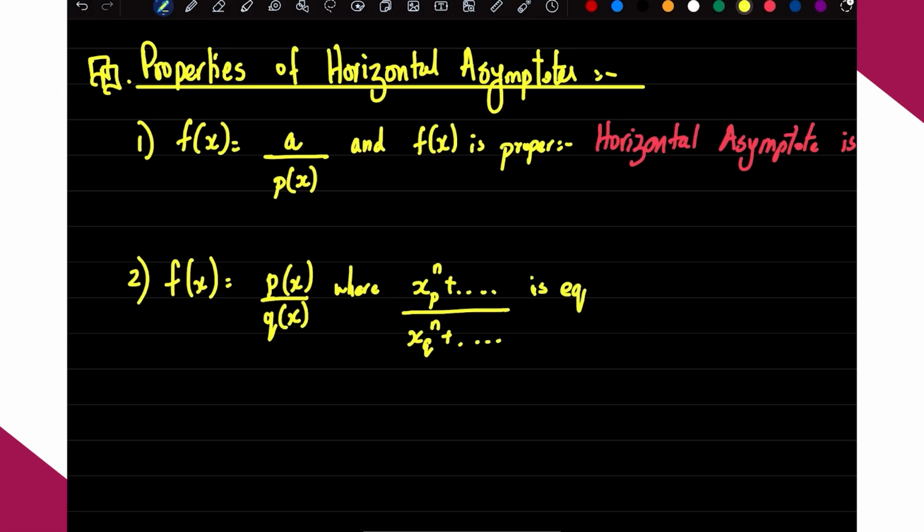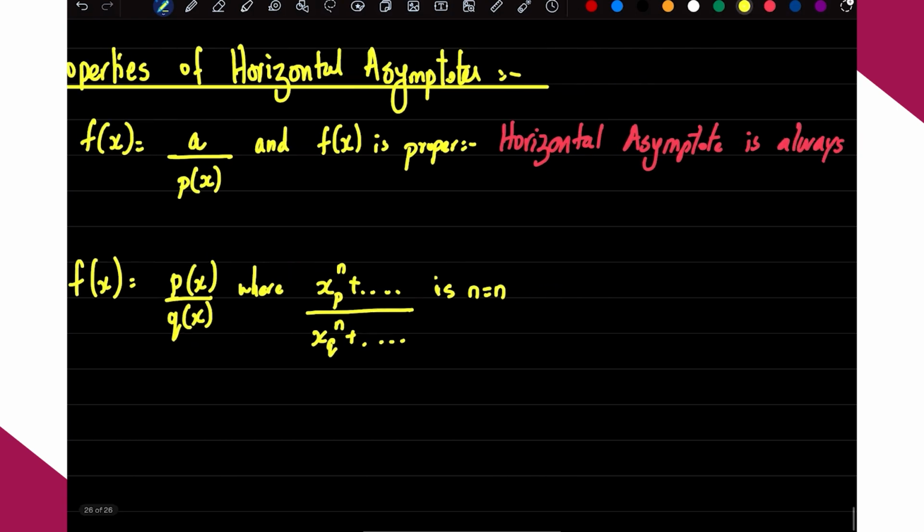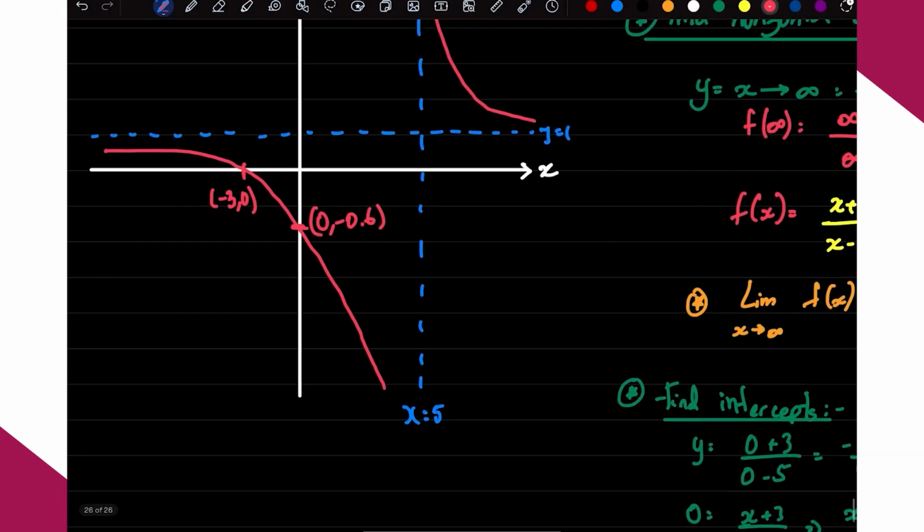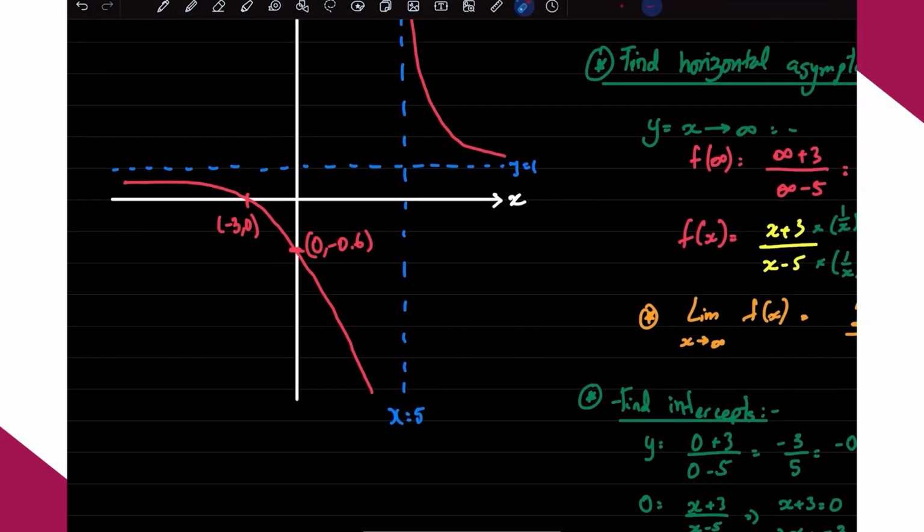So if n equals n, that means we have the same power. We also see that the horizontal asymptote is always y equals 1.